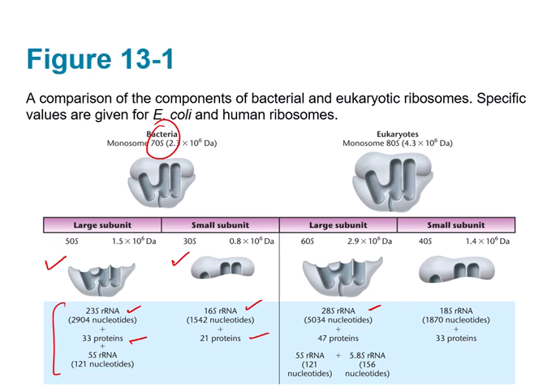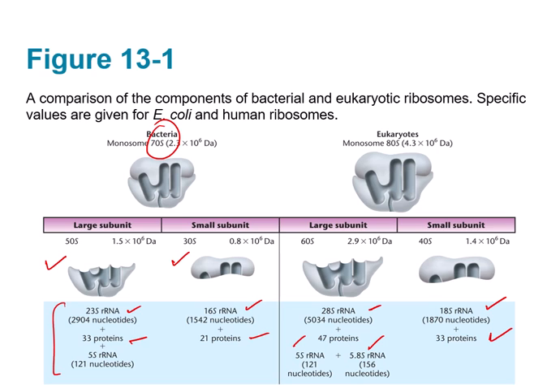They have 28S, which corresponds to 23S. Then they have 5.8S and 5S, and then they have something similar to 16S, which is called 18S ribosomal RNA.